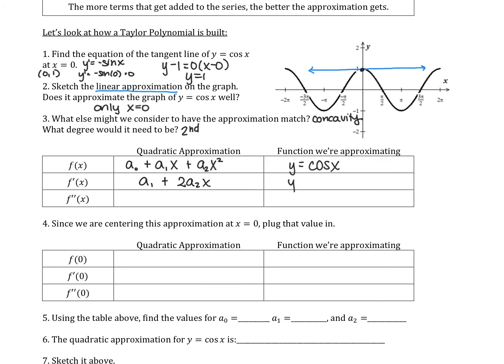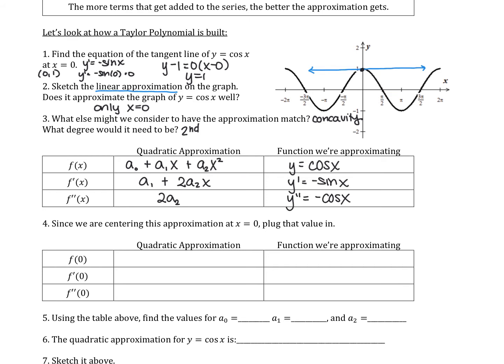And if we took the derivative of the function we're actually approximating, we would get negative sine of x. All right, let's do it again because we said the second degree would give us that concavity and that's what we're looking for. So taking the derivative again, we'd get 2 a sub 2. And the second derivative that we're approximating would be negative cosine of x.